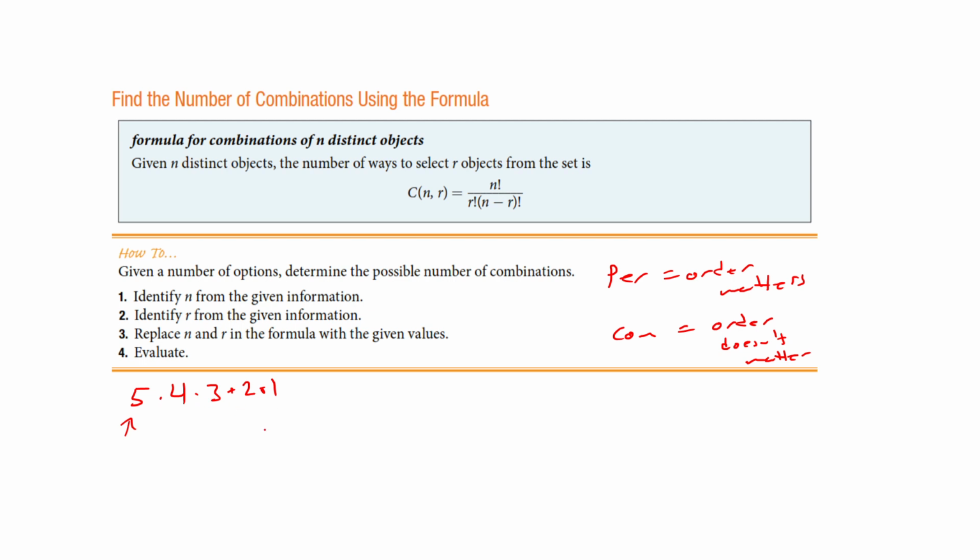But suppose I was saying I want to select 3 people from our class to go on a field trip. I take Beth, I take Mike, and I take, I don't know, Tim. If I were to have also picked Tim, Beth, and Mike in a different order, that's the same people.